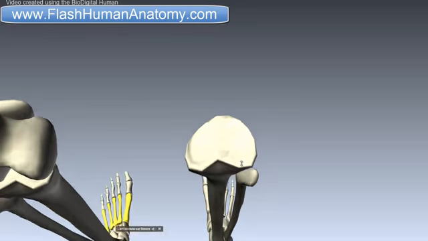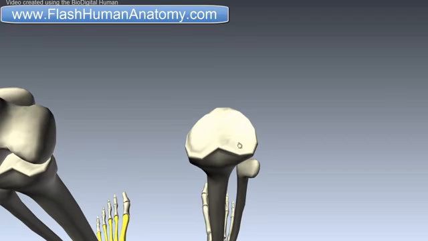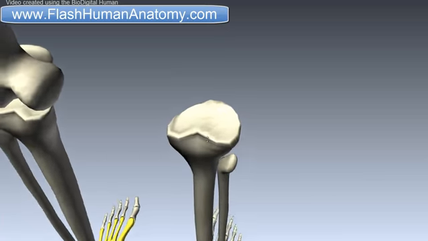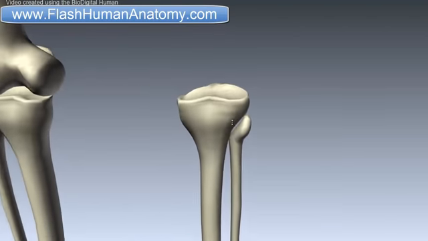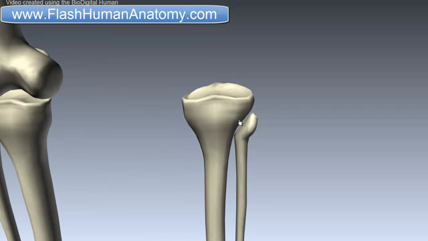Now if we go back to our model, you can see that you cannot see anything that I just mentioned. We can maybe just say that here is the articulating surface in here. The lateral condyle of the tibia has an articulating surface here that serves the creation of the joint with the fibula.